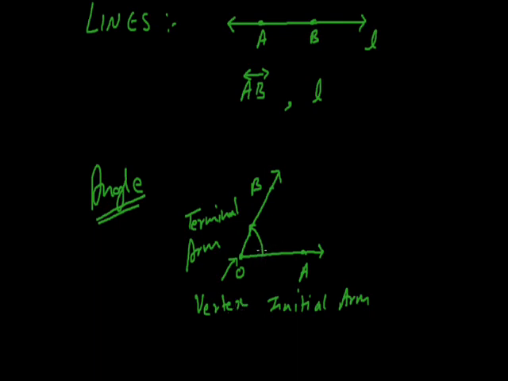Basically the amount of rotation of a ray about the vertex is known as the angle.